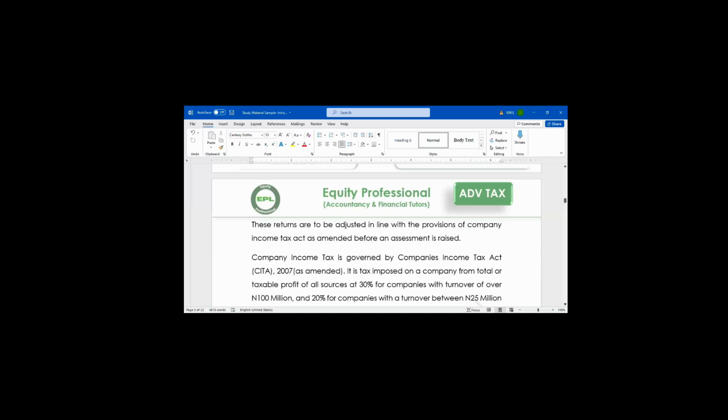If a company turnover is more than 100 million, such kind of company is a large company and they are expected to pay company income tax of 30%. That is on company income tax.